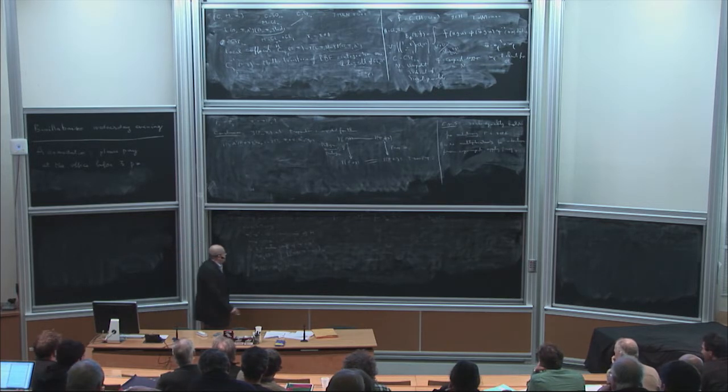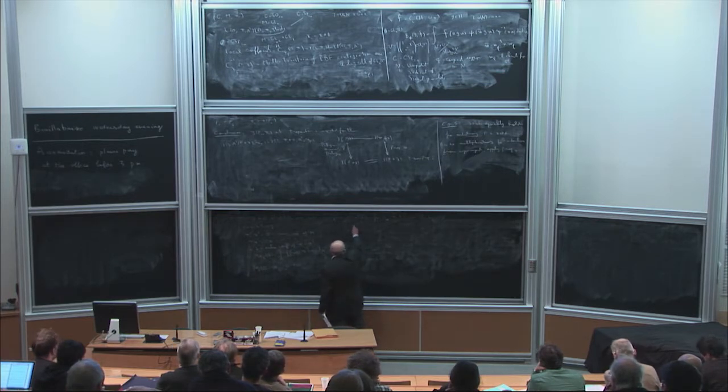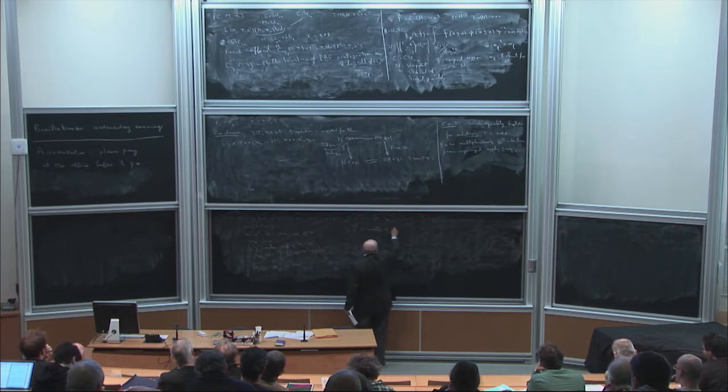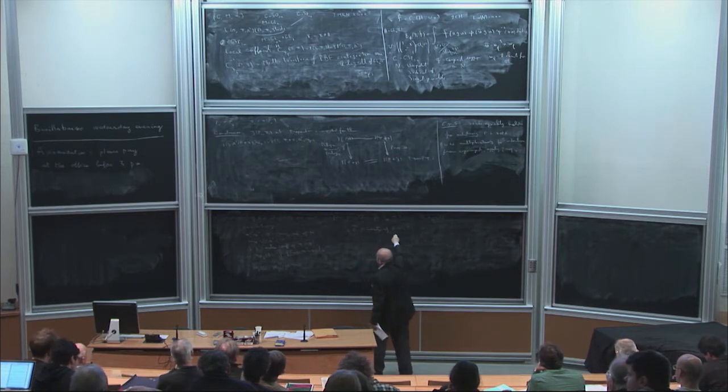Then let me take Z, the center of H, which is just GL_N(F). H is here, I'm identifying the F points.